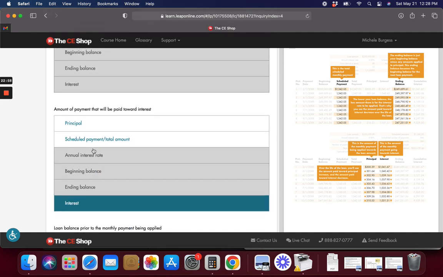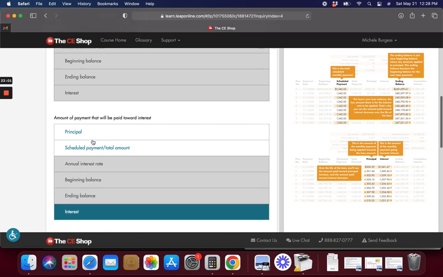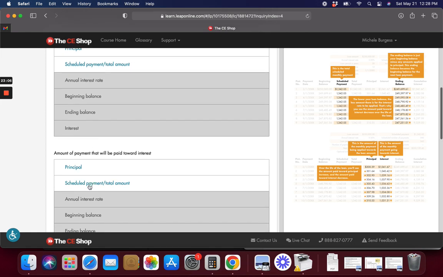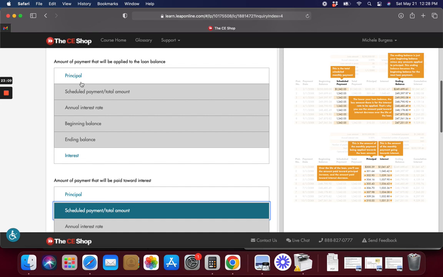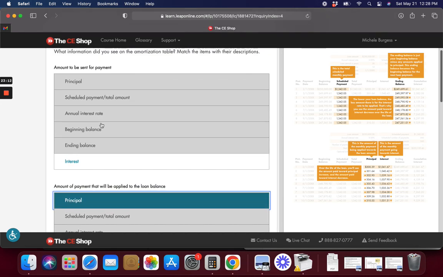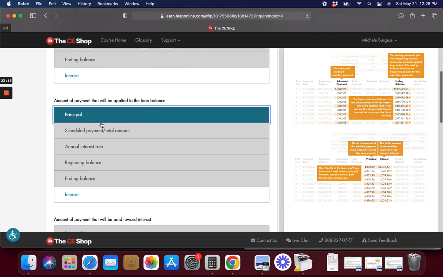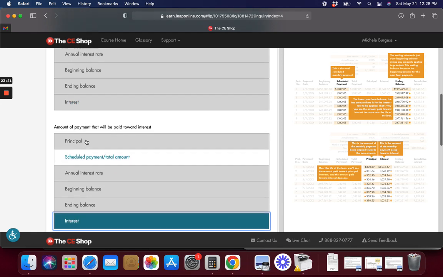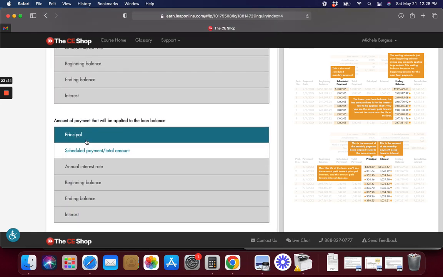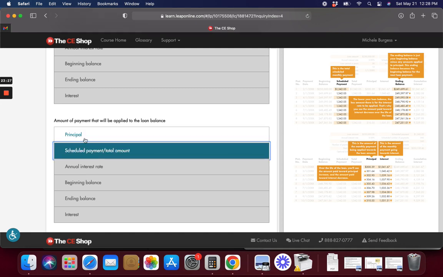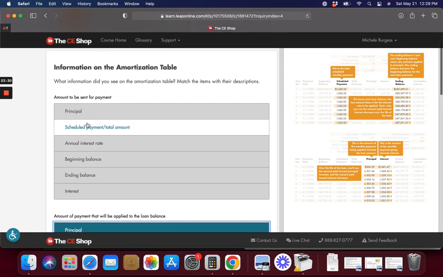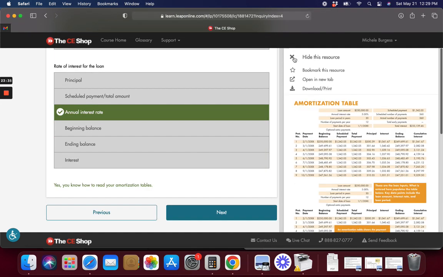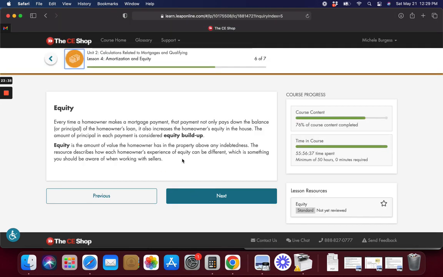Amount of payment that will be applied towards the loan balance is probably principal. Let's see how we did on this. Okay, so that's that. Hopefully the questions will be that easy.